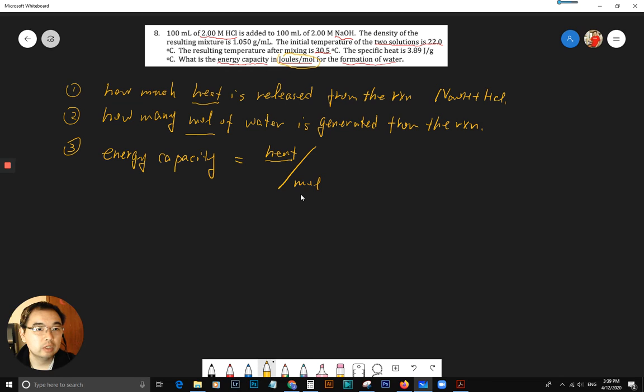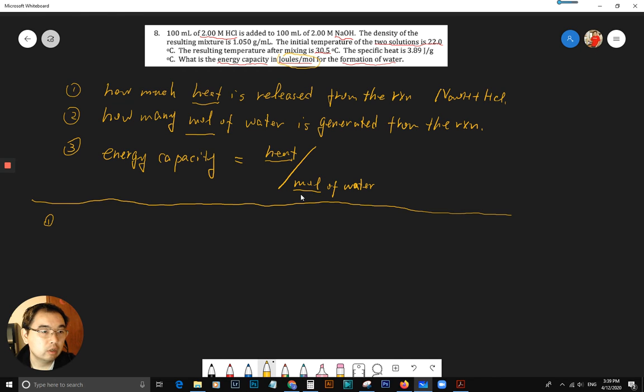It's just the heat divided by the moles of water. So let's do it step by step. First, we need to figure out how much heat it generates.